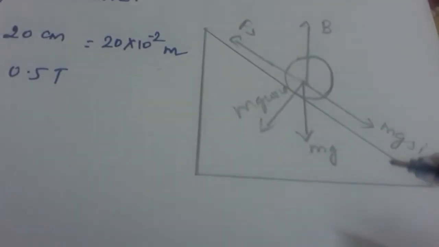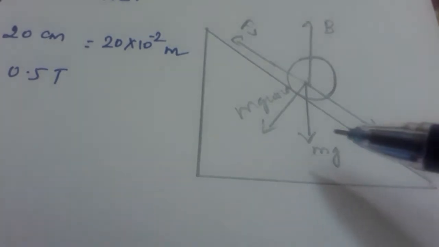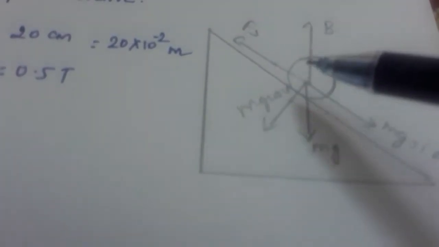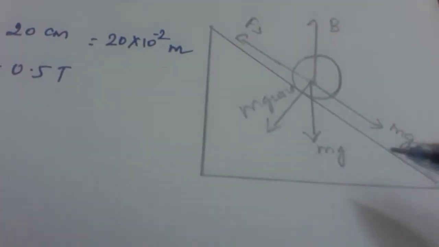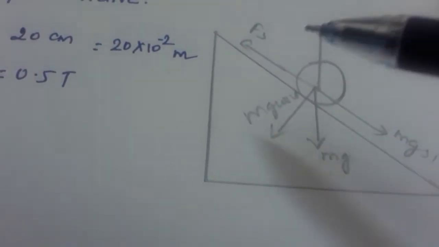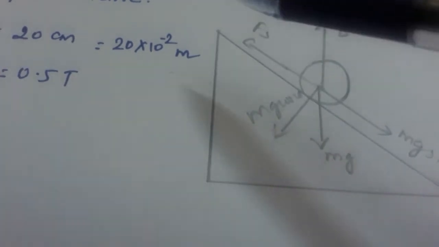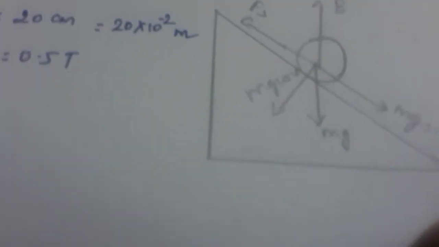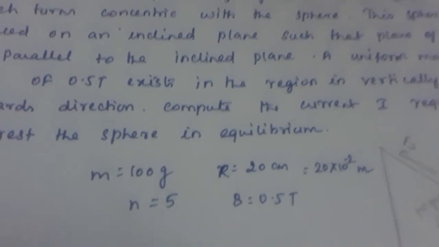Okay. Now we can resolve the gravitational force into two components, that is mg cos theta and mg sin theta. And there is a frictional force acting opposite to that of mg sin theta. Okay. Now we can write the sphere is in translational motion.